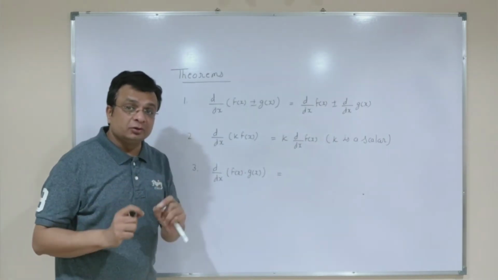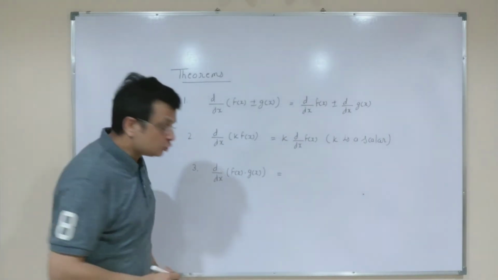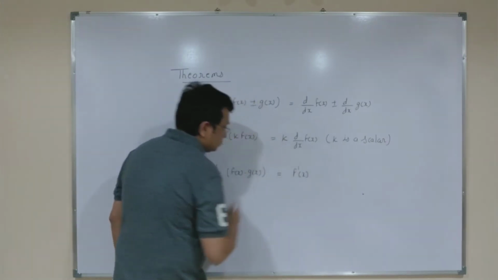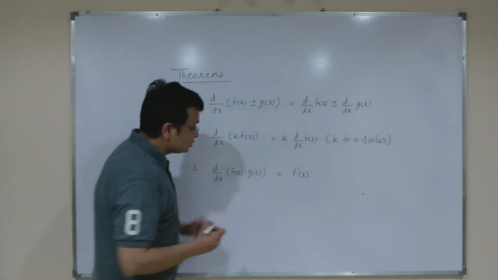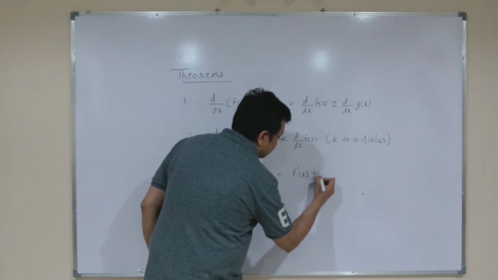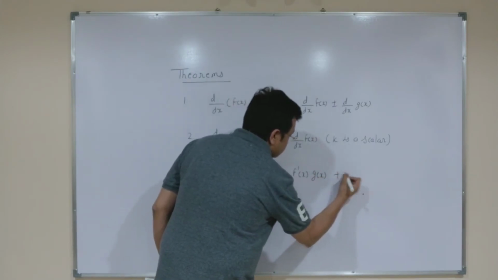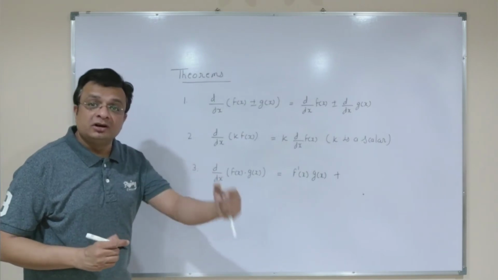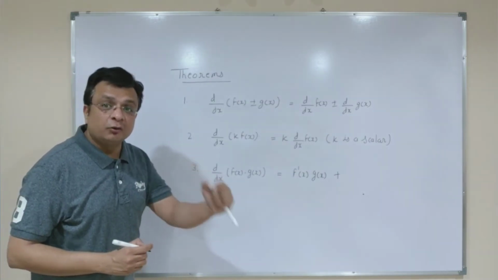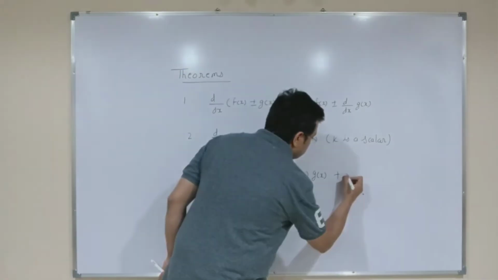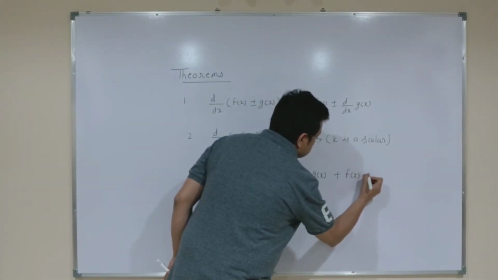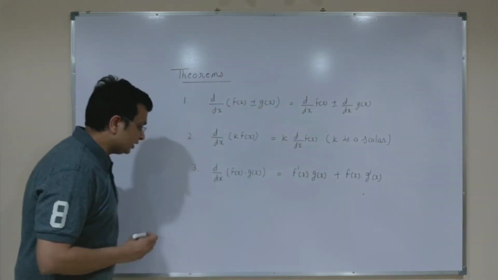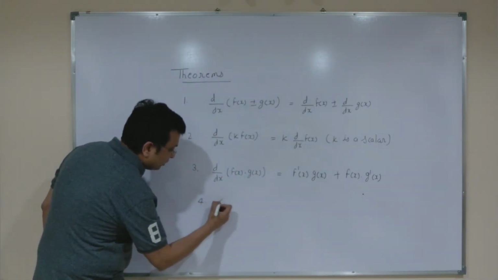We'll differentiate the first, so differentiation of f x will be f dash x, into the second function, which remains as it is, g x. Plus, the first function remains as it is into the differentiation of the second function, so f x into g dash x. This is called the product rule.